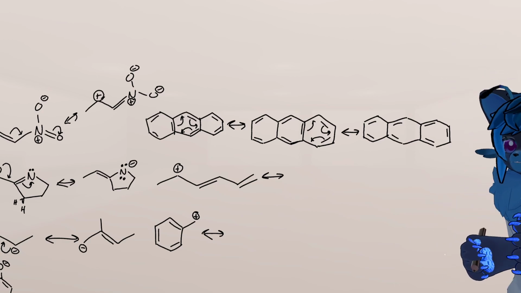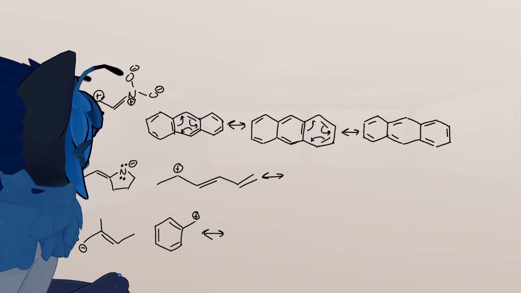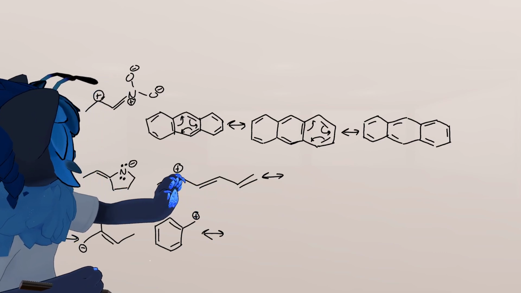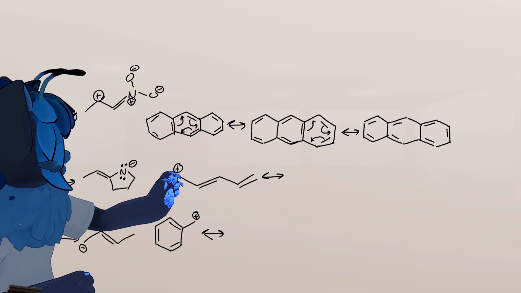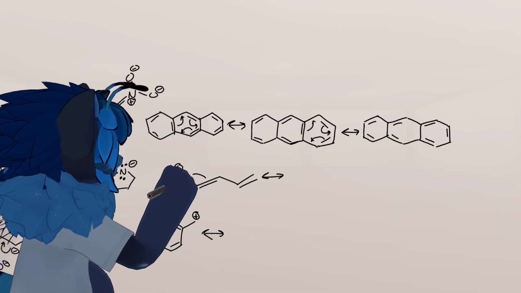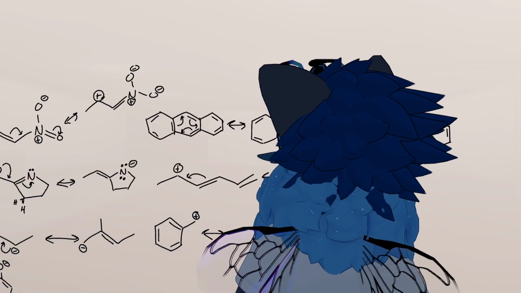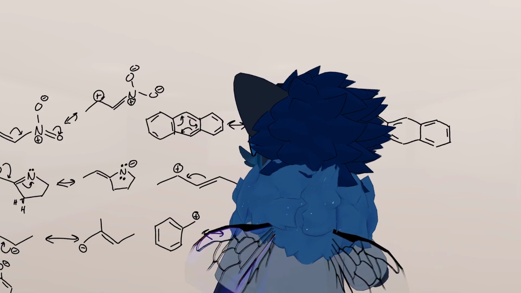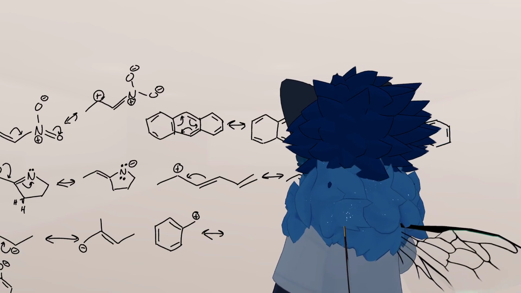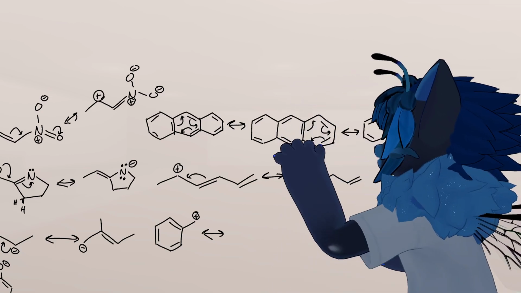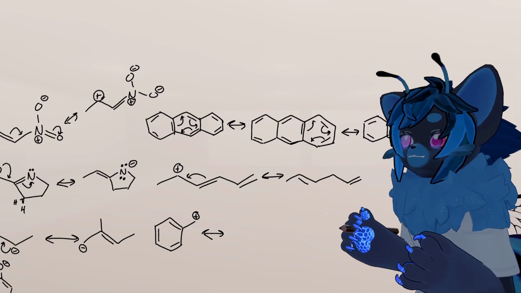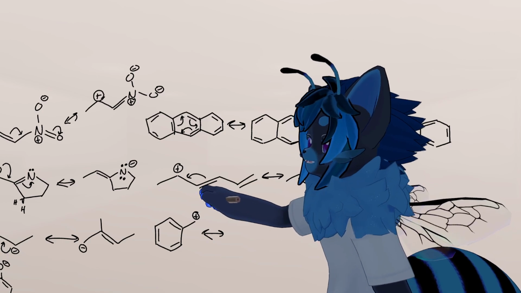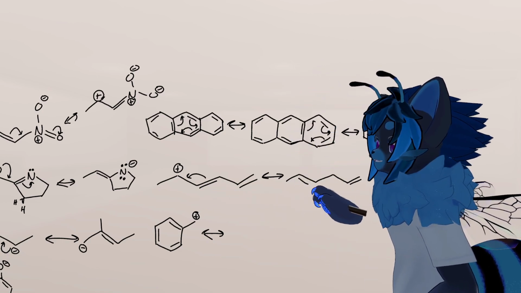So let's take a look at the second example here. We have a pi bond next to a positive charge. That pi bond can move to that positive charge and form a bond there. When that happens, one of the carbons lost electrons. It wasn't this carbon right here, because it still has a double bond here.